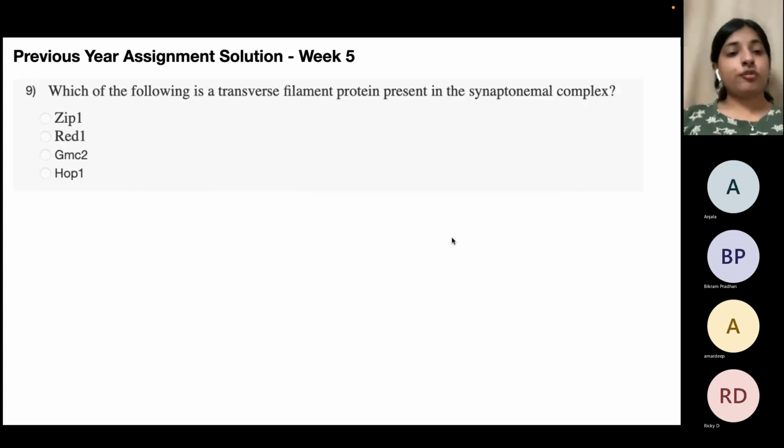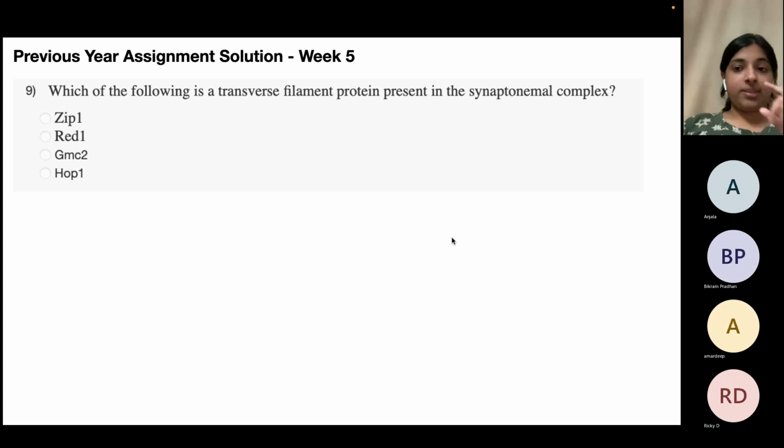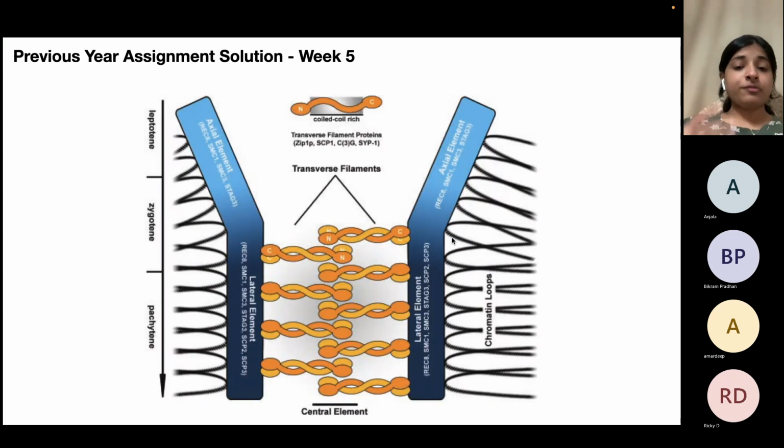Moving on, which of the following is a transverse filament protein present in the synaptonemal complex? So we've seen and spoken about this synaptonemal complex it forms. And what essentially happens is, say, that there are two different chromatins that have to be associated with each other because they're homologous in nature. They're condensed to form chromosomes.